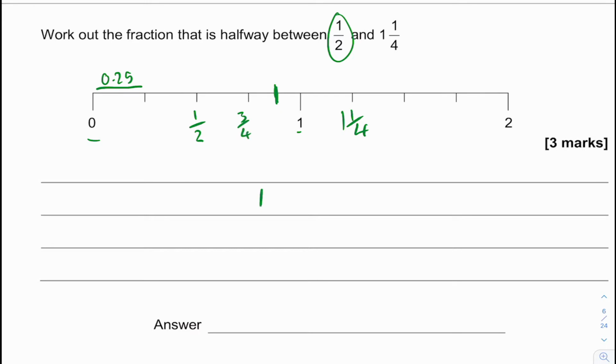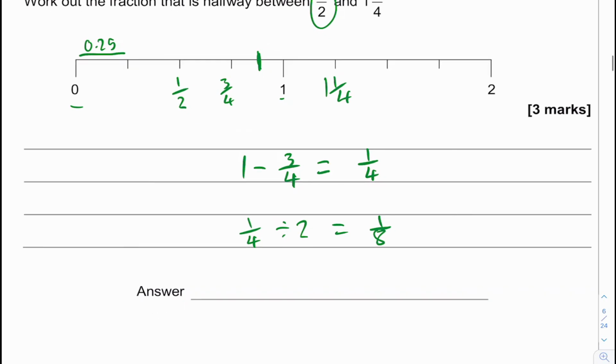So what we can then do is 1 take away 3/4, which is equal to 1/4, and then 1/4 divided by 2 to find the middle point. So divide by 2, we get 1/8. And then if we take 1/8 away from 1 to go backwards, sorry, the wrong way around. 1 take away 1/8, we are left with 7/8. So the answer is 7/8.